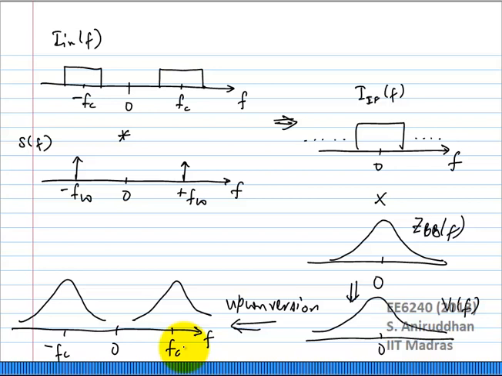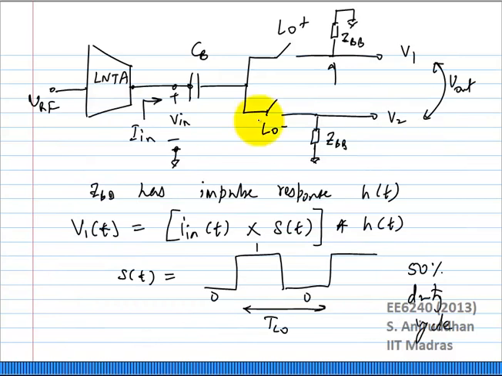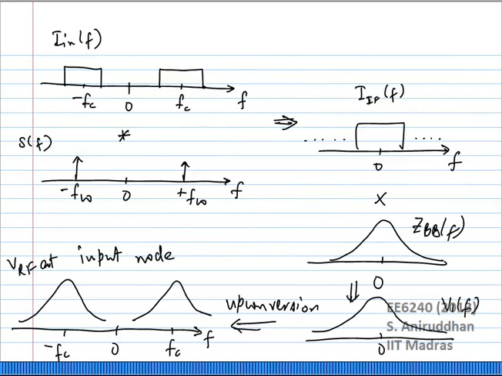Is it at the input node, correct? It's at the input node. So this is actually your VRF, and this Vin at the input node A. Okay.